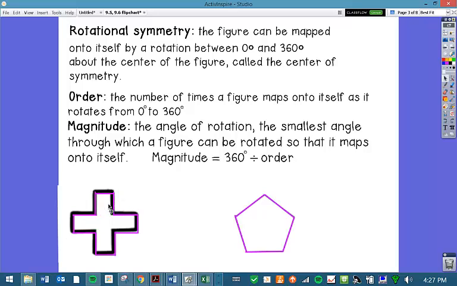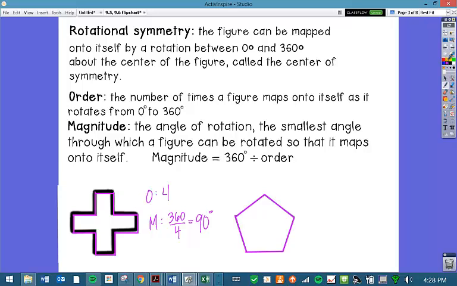One full rotation would be 360 degrees, and if I'm making 4 individual rotations to get back to where I started, the magnitude would be 360 divided by 4, which is 90 degrees. So this plus sign shape has an order of 4 and a magnitude of 90 degrees.